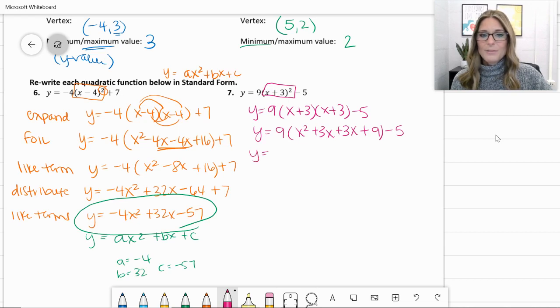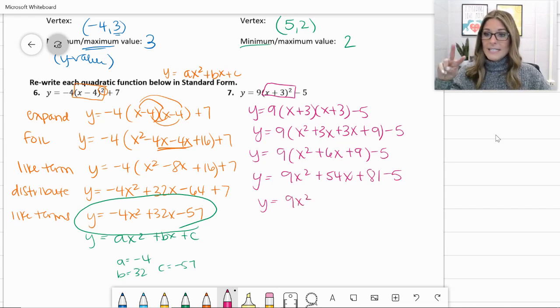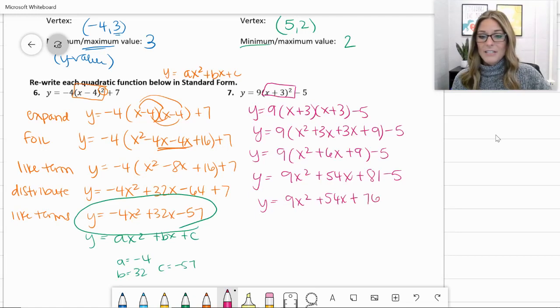Combine the like terms from that FOILing process in your parentheses to give you the 6x plus 9 and minus 5 at the end. Let's distribute across our parentheses: 9x squared plus 54x plus 81 minus 5. And your last step, combine those final constants together as like terms to give you 76.